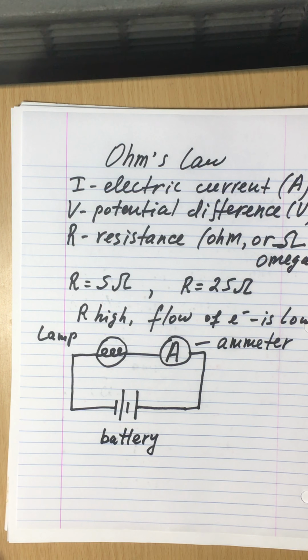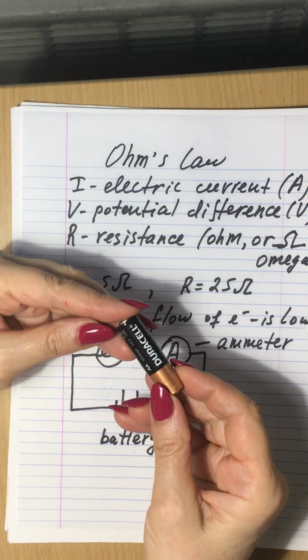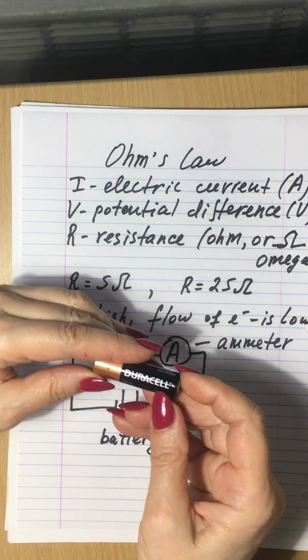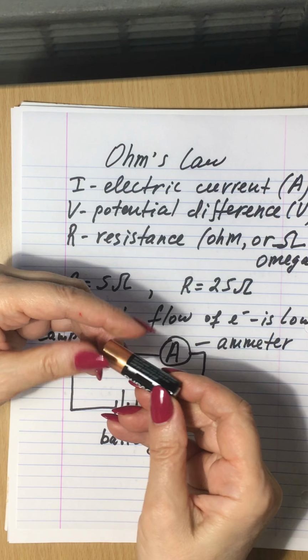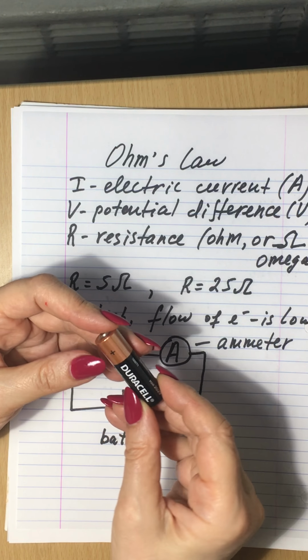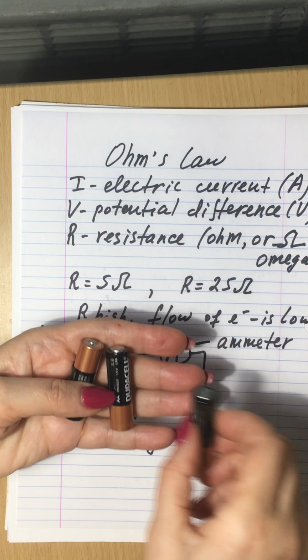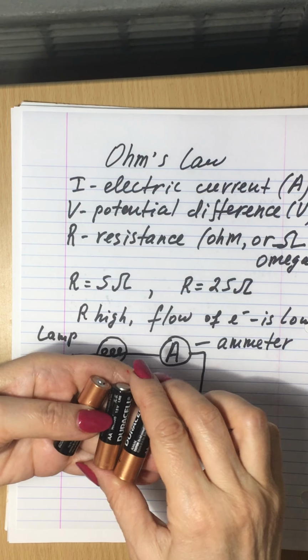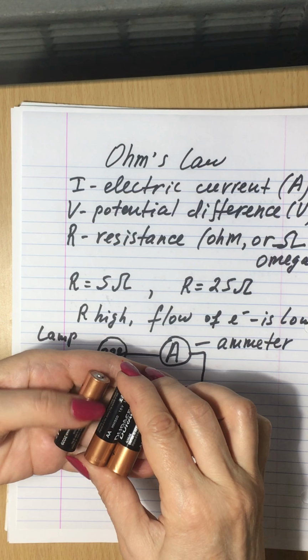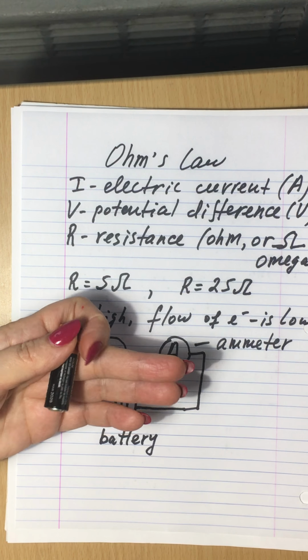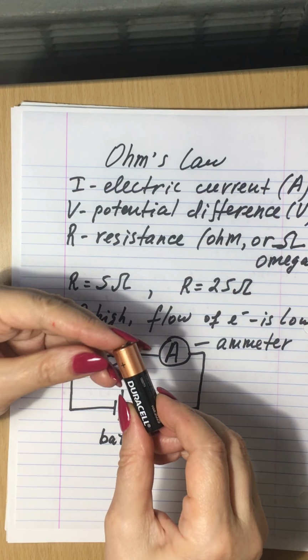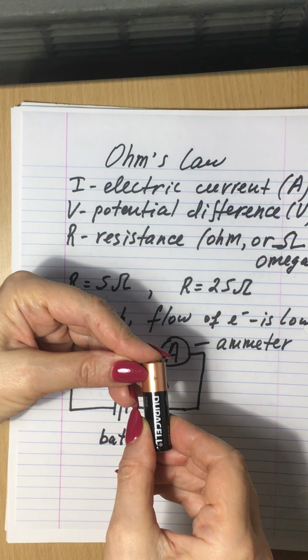So I will show you the difference between cell and battery. So that would be an example of one cell. It's a double A battery, we call it, right? It's one single cell. We can use 2 or 3 of them, right? Potential difference will be increased if you use more. But what each cell has, it has a positive terminal, right?